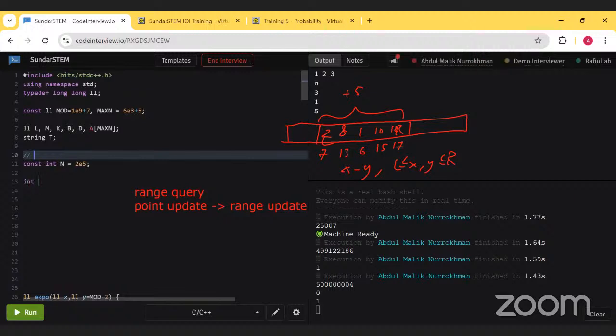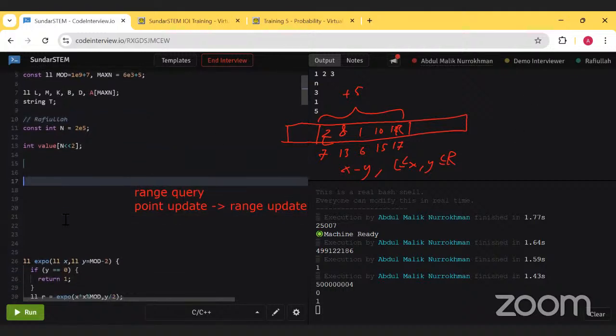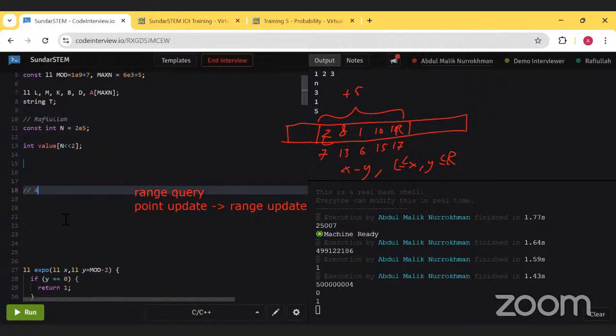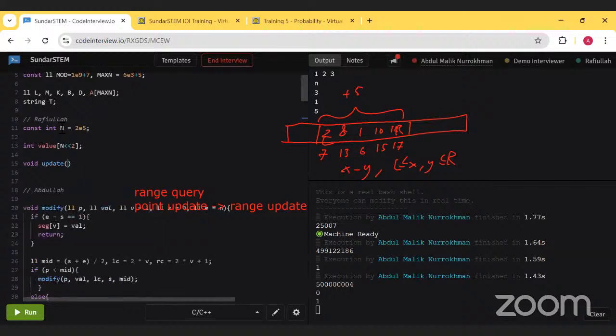Maybe not just one of you, let's say you will also implement it, and the other, let's say Abdullah also, and the other, all of you can try to implement.